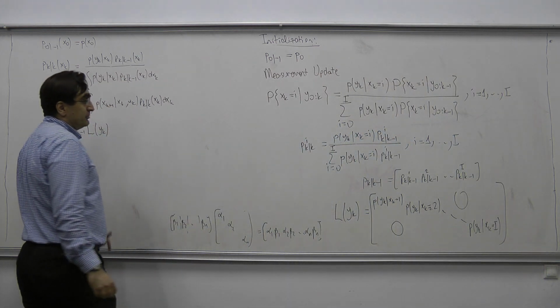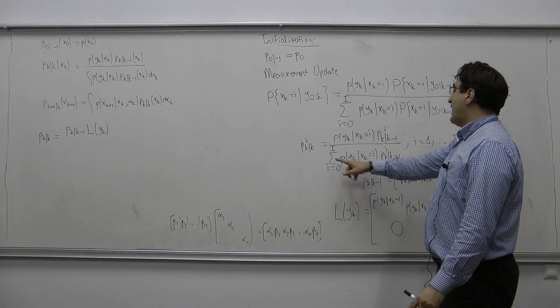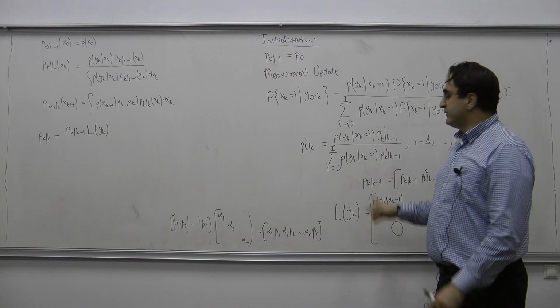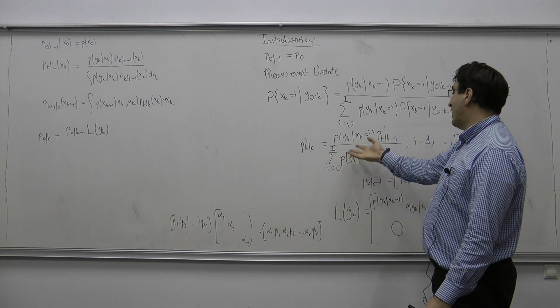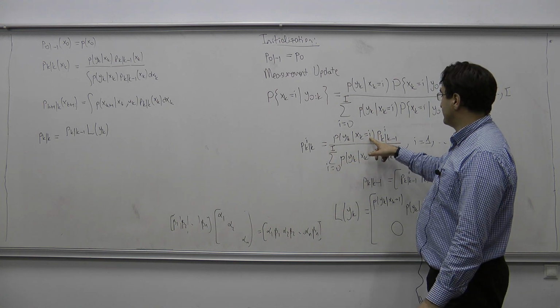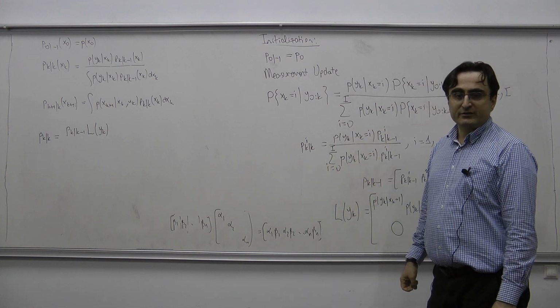So this is just the numerator. Numerator is just going to be a vector. And what about the denominator? Denominator is a scalar here. Okay? So it really doesn't depend on i, this index. They are different. So index of the summation is different than this. So the denominator is just a normalization constant.